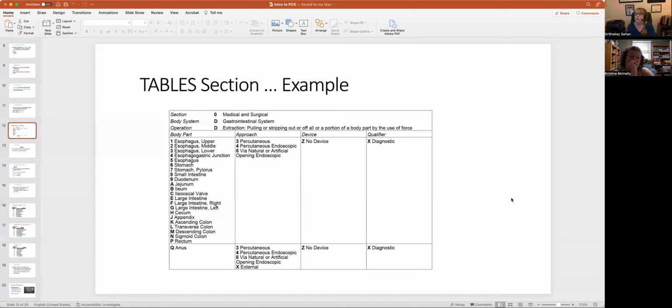And then the qualifier is kind of like a miscellaneous. Okay, they're going to throw all different kinds of stuff in there, depending upon what the rest of the code is expressing. So in this particular case, we are talking about extracting something from a body part. And evidently, the only reason to do that is for diagnostic testing.